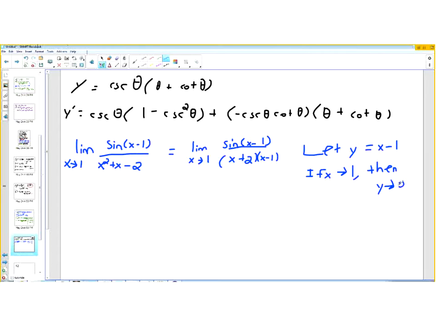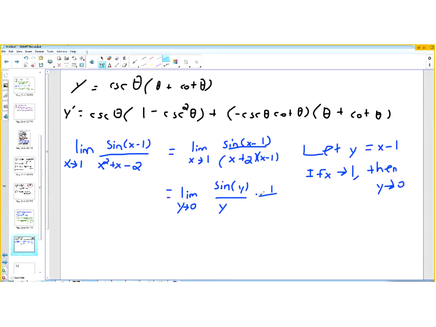Y approaches 0. So using this fact, let's change the problem from a limit as x approaches 1 to an equivalent problem in y. The reason is so that we can replace the polynomial argument in the sine function with a single variable.